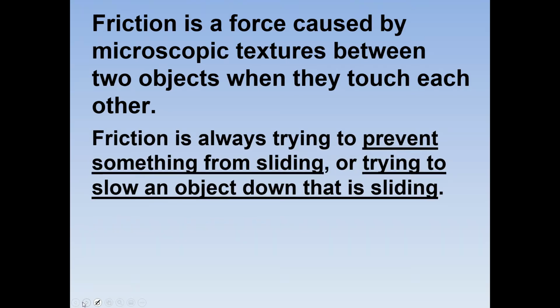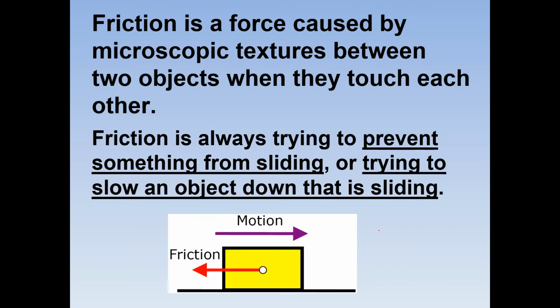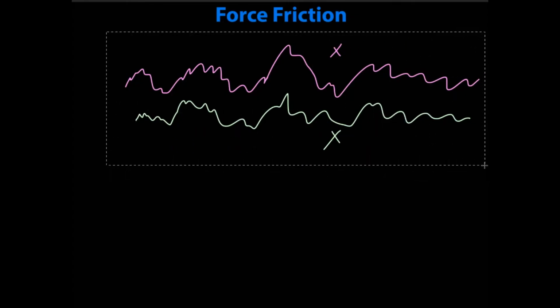So that book on the desk, if you push it a little bit, it's not going to move because those ridges and valleys are locked into each other, and that provides a frictional force that's working against you. If you do slide the book across the desk and take your fingers off of it, the book will slow down to a stop because that frictional force will try to slow down the object until it stops. And once it stops again, those ridges and valleys will lock into each other, and the book would be more difficult to move.